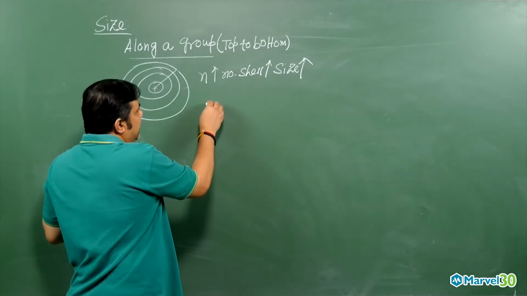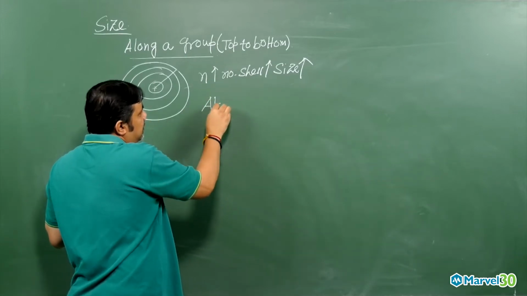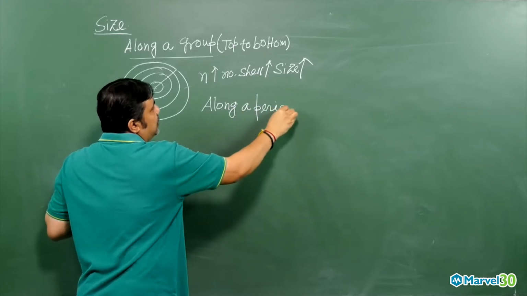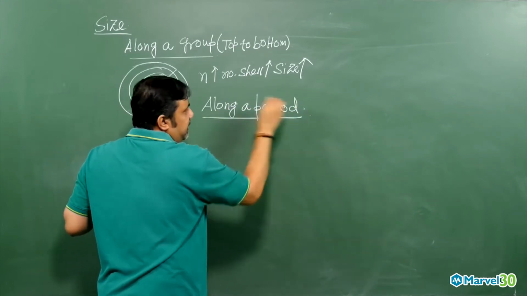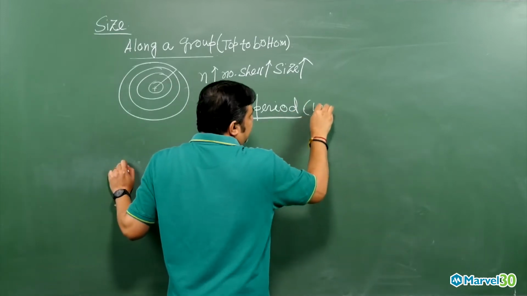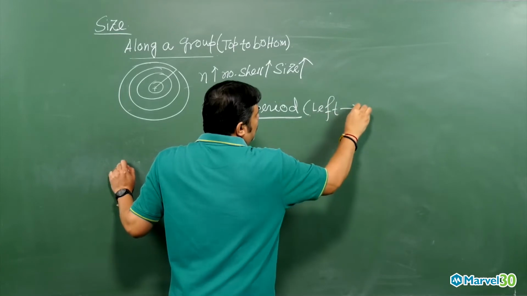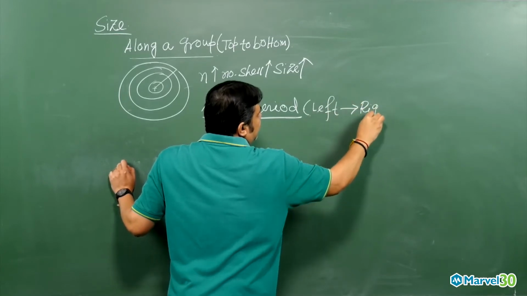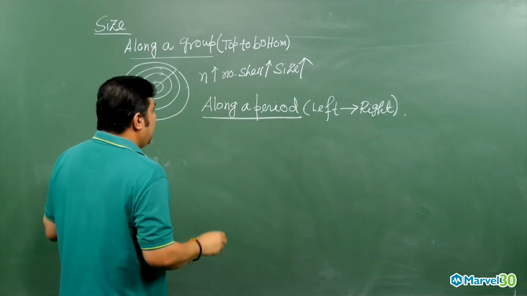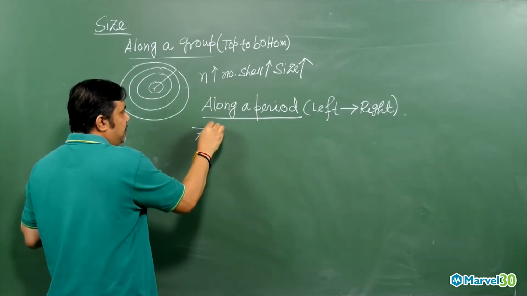Then along a period, what will happen? Along a period, going left to right in a periodic table, the effective nuclear charge, Z star, will increase.